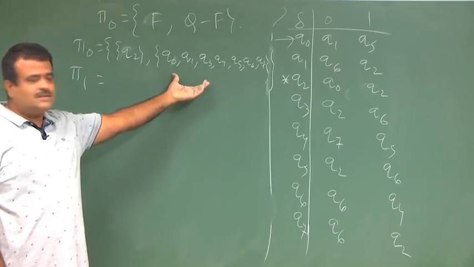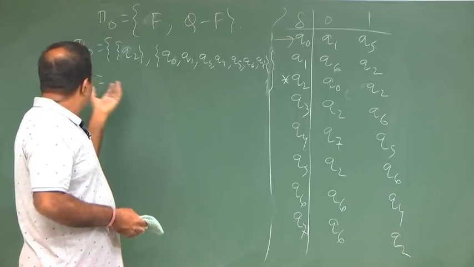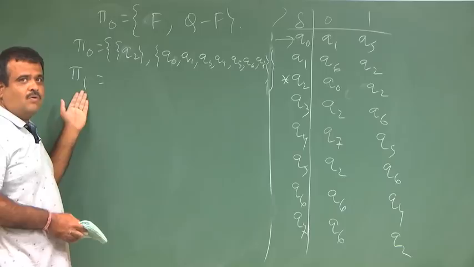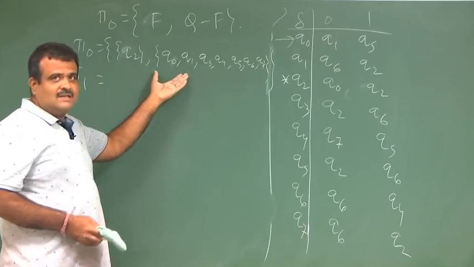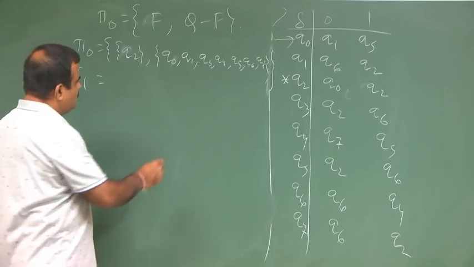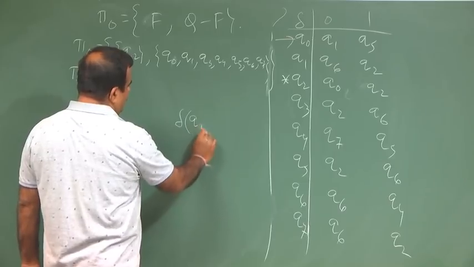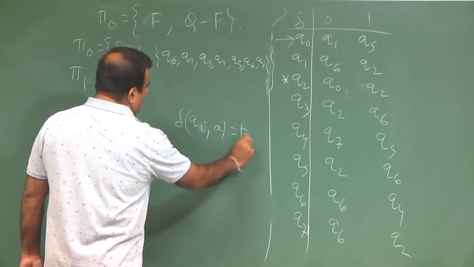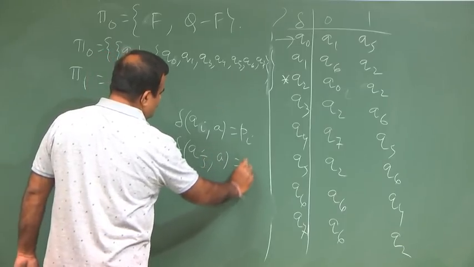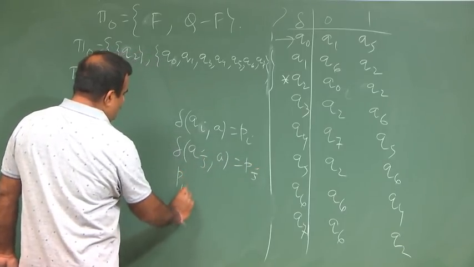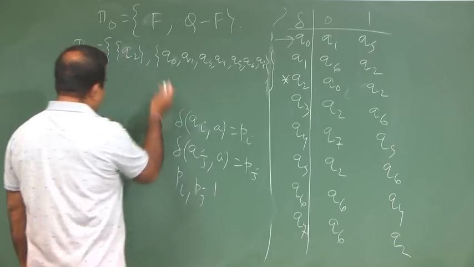To check this we have to check whether some states can be 1st equivalent here. For 1st equivalence they have to come from the 0th equivalent class, and for them delta of qi, a, if it is pi, and delta of qj, a, if it is pj, then pi and pj must be 0th equivalent.